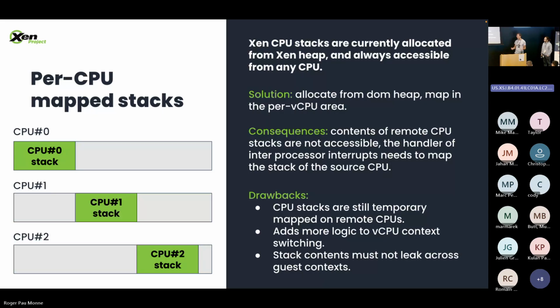So the workaround that we did on the initial series was to map the remote CPU stacks when you get an interprocessor interrupt. So basically, if this CPU would get an interprocessor interrupt from this CPU, before executing the code of the interrupt, it will map the remote CPU stack in order to access any data. That's obviously not ideal because it means that you still transiently map another CPU stack and you map it fully.